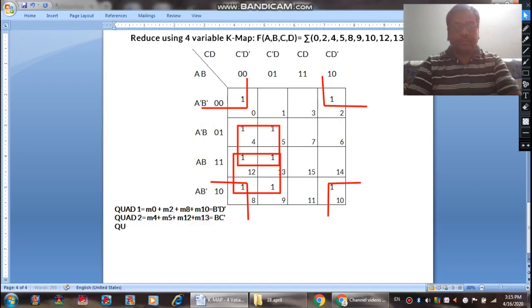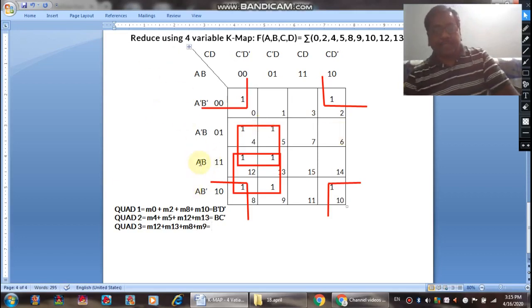Now we talk about quad 3. When we talk about quad 3, it's M12 plus M13 plus M8 plus M9. What is the answer? A is same, B is changing, C is same and D is changing. Therefore the answer will be A C bar.